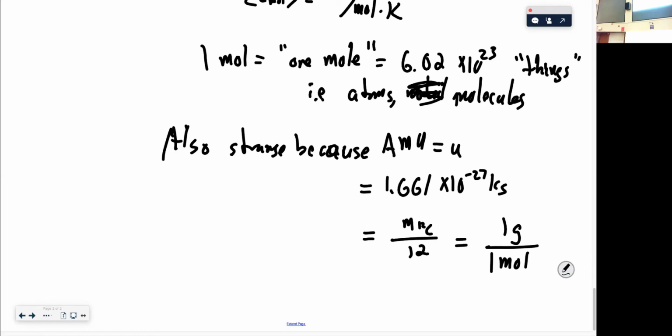So the definition of an atomic mass unit is such that if you had exactly 1 mole of carbon atoms, it would have a mass of exactly 1 gram. So you can take the atomic number up there, carbon's 12.001, that's the average, right?